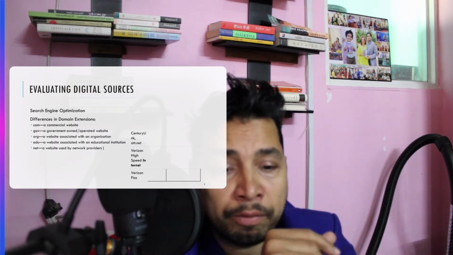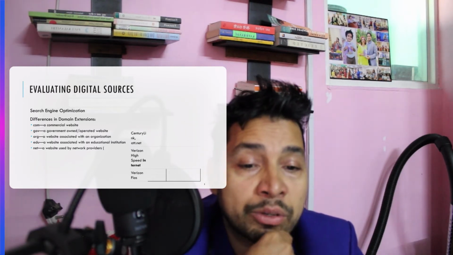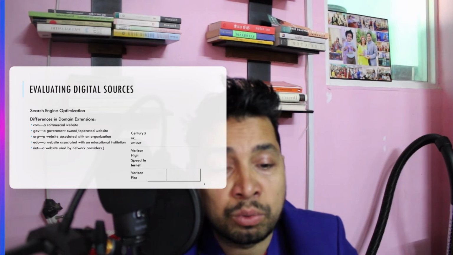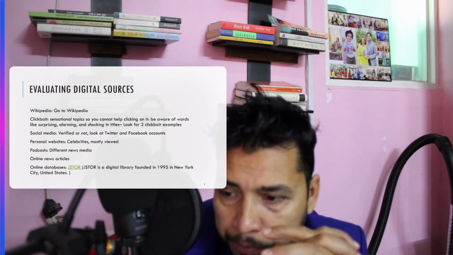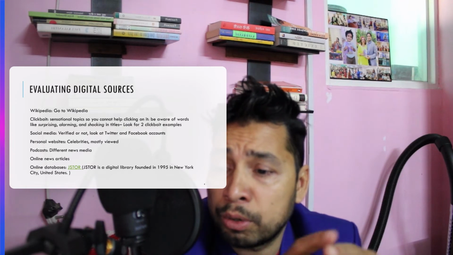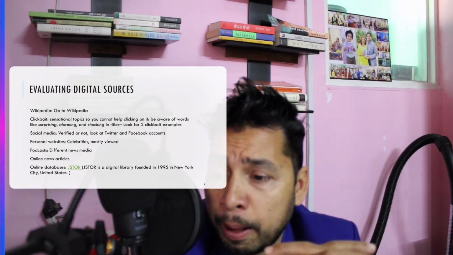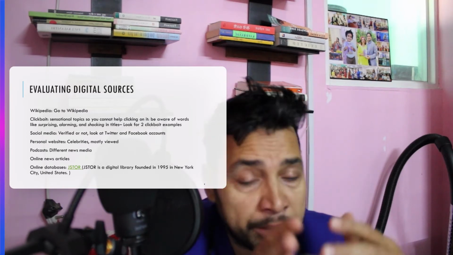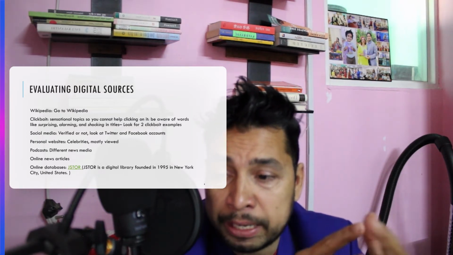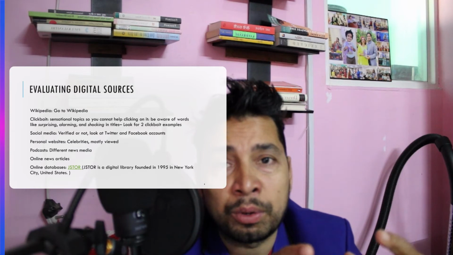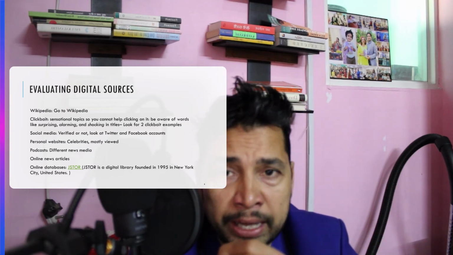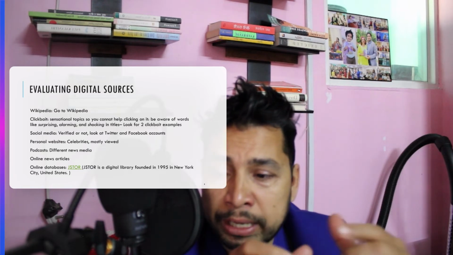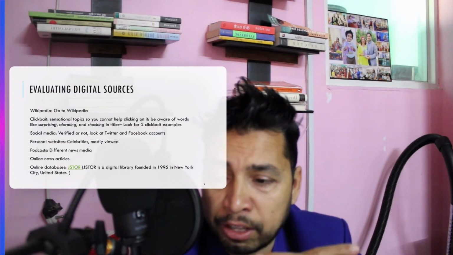So be mindful of those things as you find a website, and to know the authenticity and credibility of the website as well. Similarly, evaluating digital sources, I would like to tell you, don't fully rely on Wikipedia. Wikipedia has a lot of leeway, that anyone can go there and edit it, and that's why we do not think Wikipedia is a very authentic source.